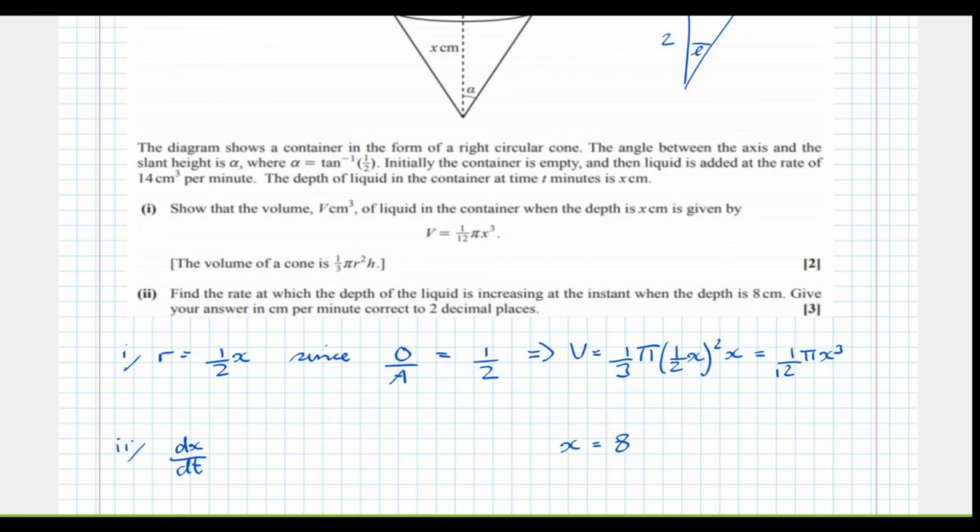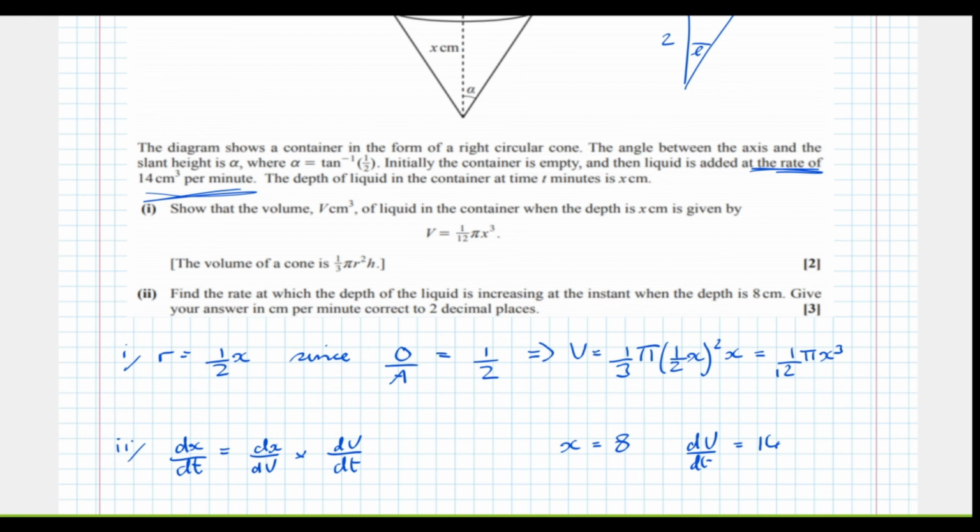So if we need dx by dt, we're going to have to find that indirectly. dx on top, dt on the bottom, and the variable we haven't yet mentioned, the volume, is what we need. So one thing that I failed to do originally is get that information down. Liquid is added, so the volume changes at a rate of 14 centimeters cubed per minute.